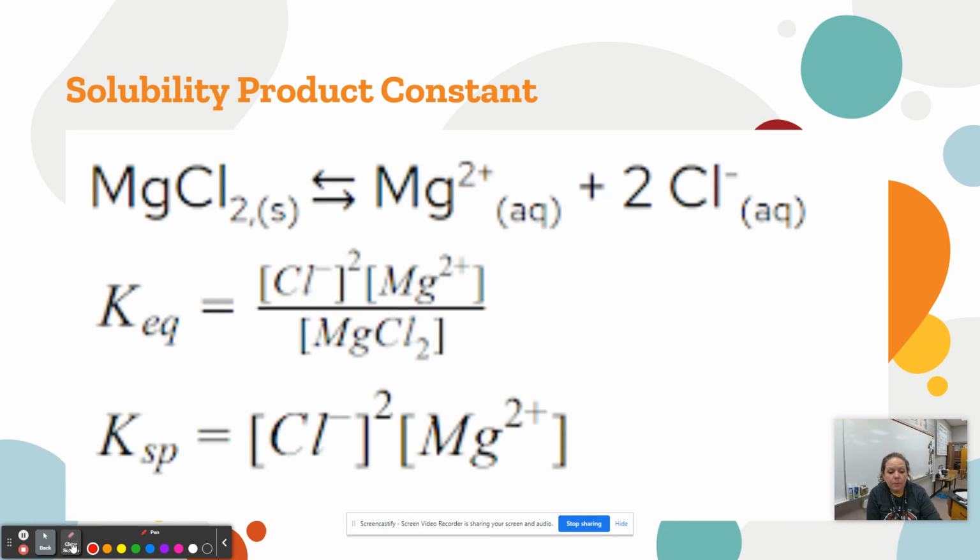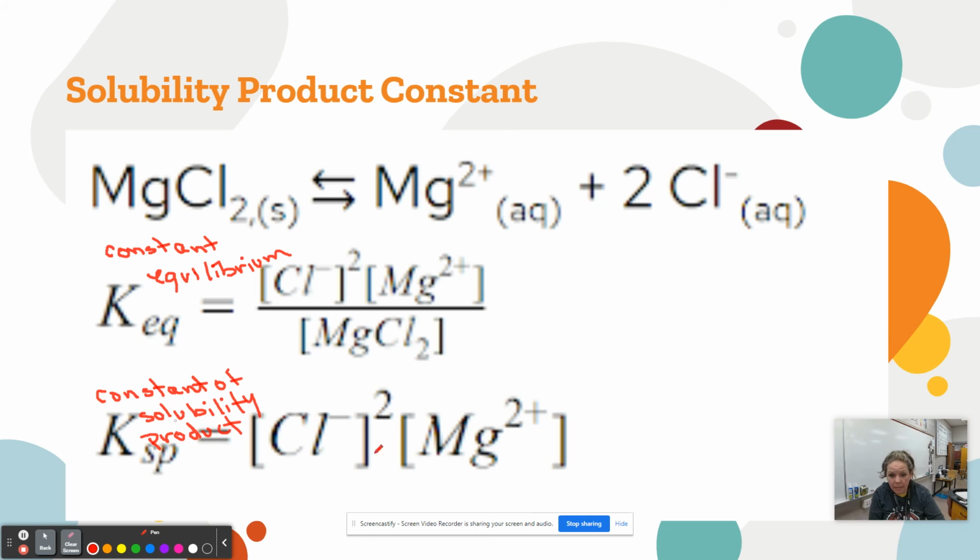The constant of the solubility product is the K of SP. So this is the constant of equilibrium. The K of SP is the constant of the solubility product.